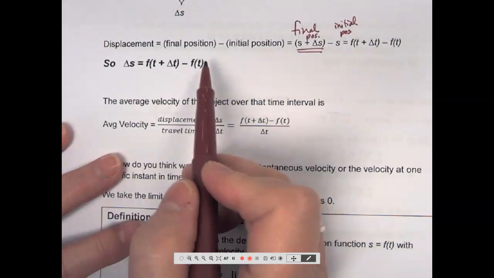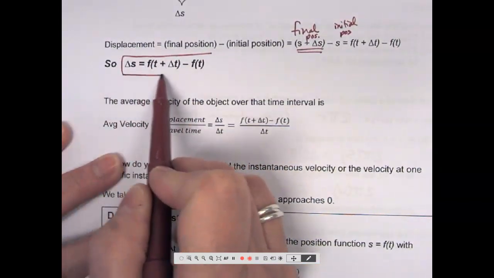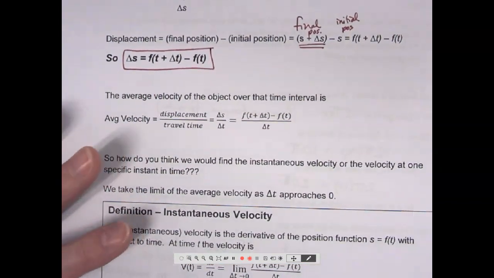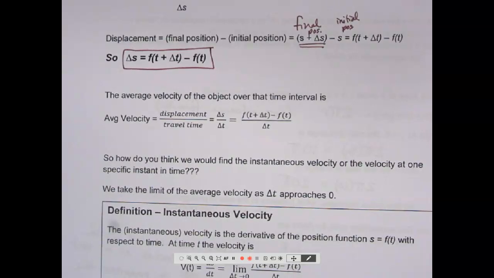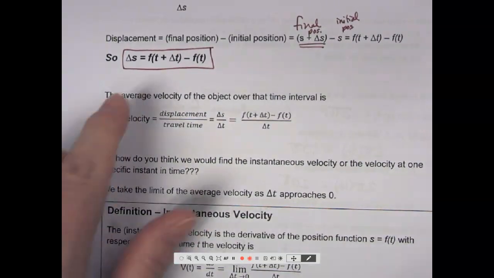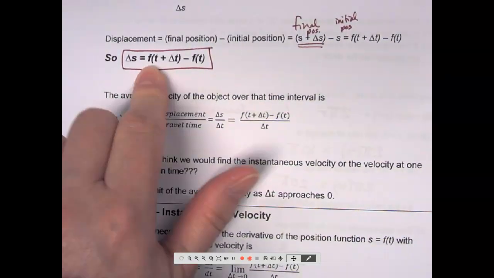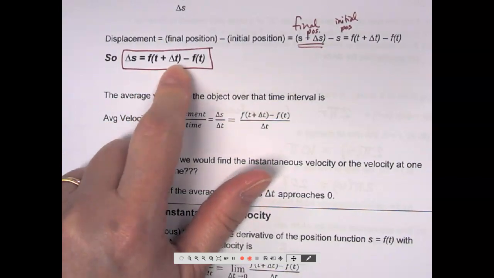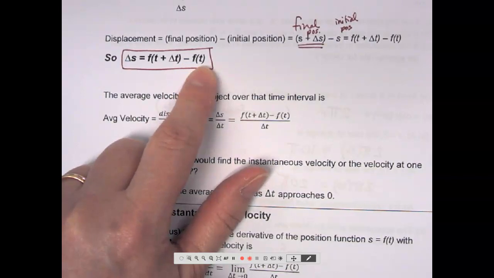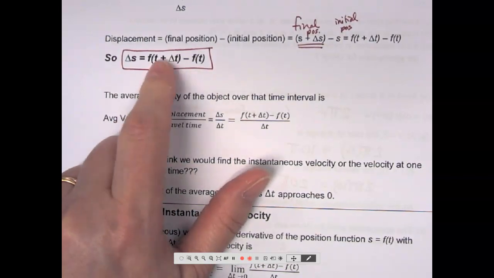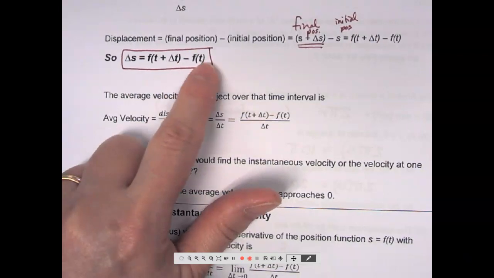Okay, so look at this fancy equation here. Delta S, change in position, displacement, is the function evaluated at time plus change in time minus the function evaluated at time. Same thing, final position minus initial position.